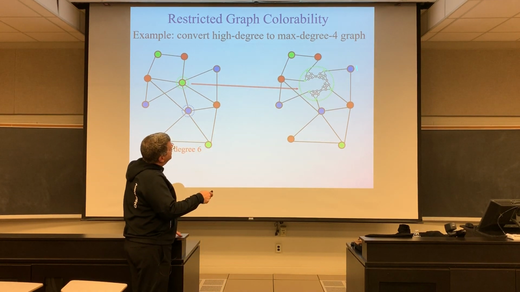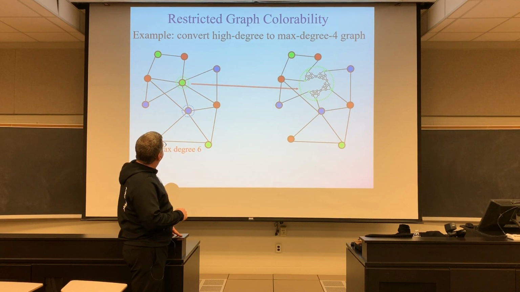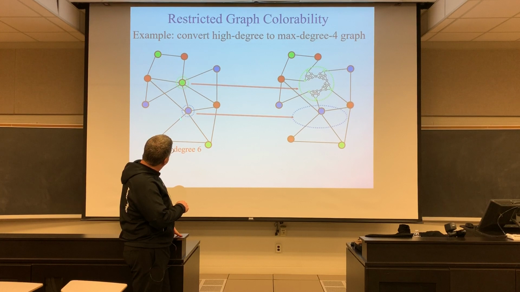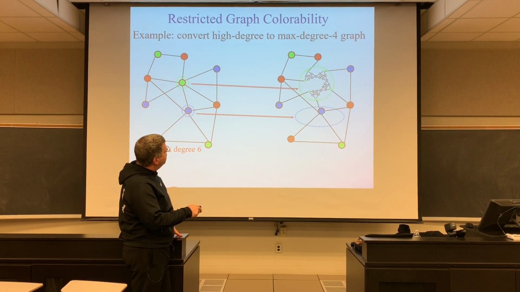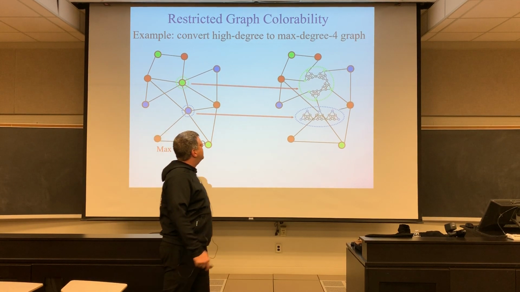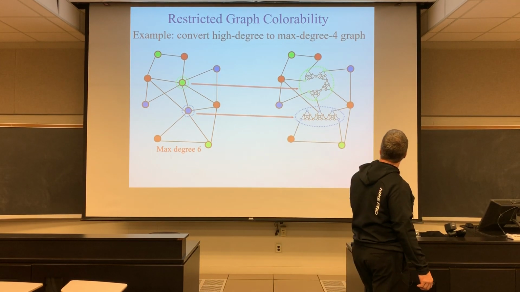So now all these nodes are on the outside, connected to the ends of the gadget, and that's the replacement there. And I do the same thing for this other node that has high degree. Here it has degree 5. I'm going to make it max degree 4. How? By replacing that node with a gadget. Then all these edges are connected to the ends of the gadget, preserving the colorability constraints that go with it.